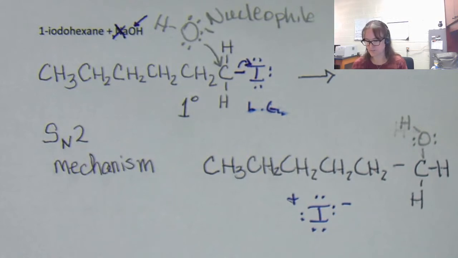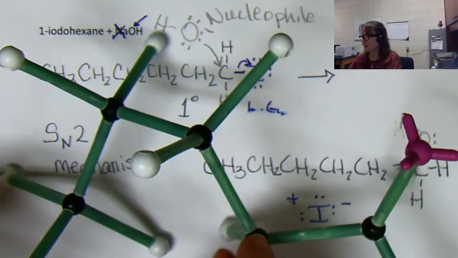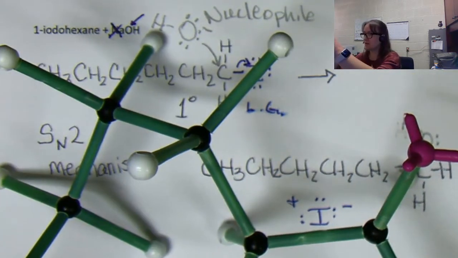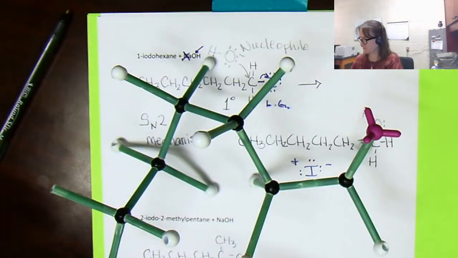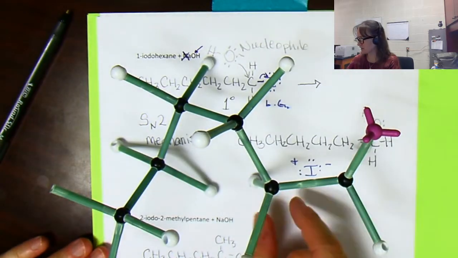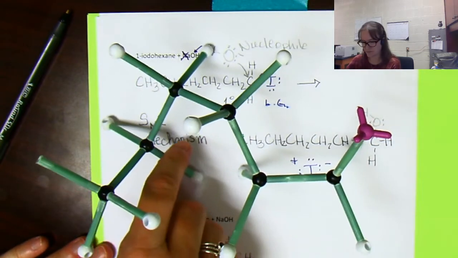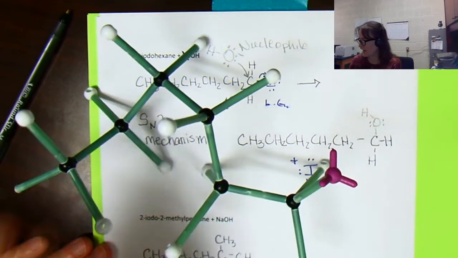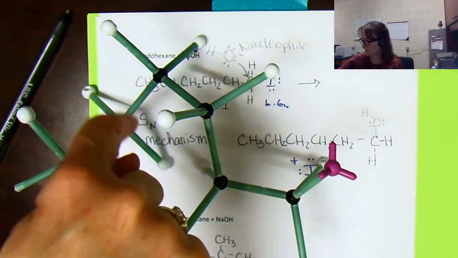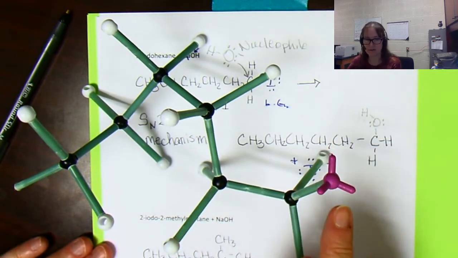The reason that this can occur is due to the ability of your nucleophile to actually get to the carbon. And so here is a model of this molecule. And so carbon 1, 2, 3, 4, 5, 6 with all the hydrogens, and there's the iodine right there.